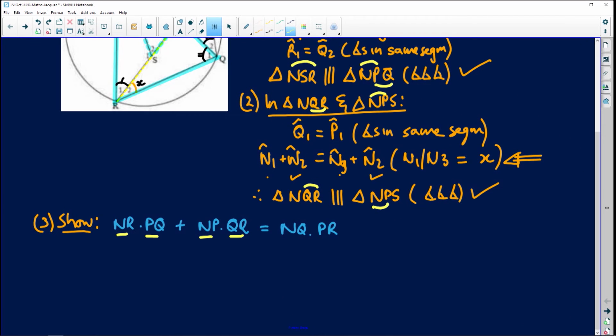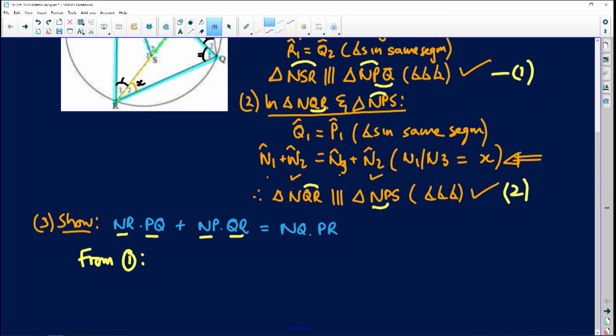So let us call this set number 1 and set number 2. So from set number 1, let me just get my pen, I'm going to start working with a ratio. From set 1, I'm going to choose PQ.